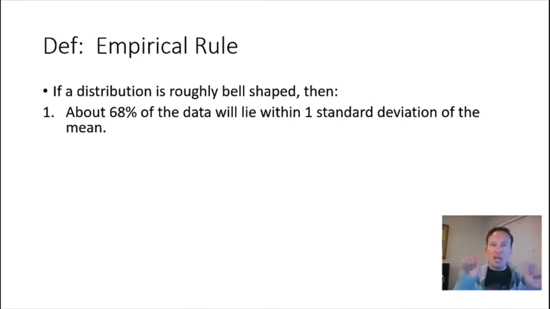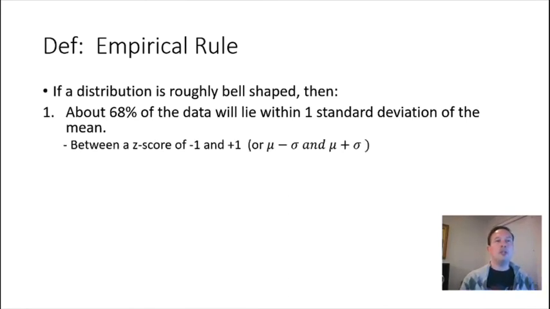Remember that number line I drew where we had z-scores of 0, 1, and -1? Under a bell curve, between -1 and 1 for the z-scores, we're going to find about 68% of the data. That can also be represented as going 1 standard deviation below the mean to 1 standard deviation above the mean.